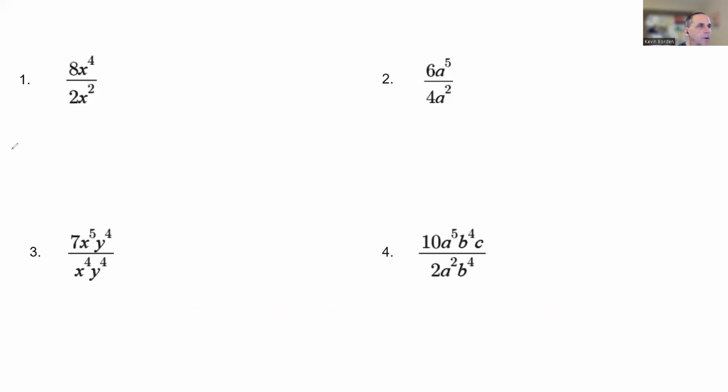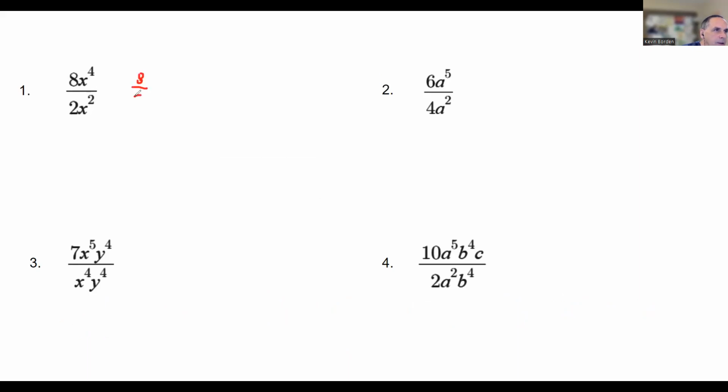We start out with 8x to the 4th divided by 2x to the 2nd. That's all a fraction means, is divided by. Let me break this first one down the way I did in that example before. 8 over 2, that reduces down to just the whole number 4.